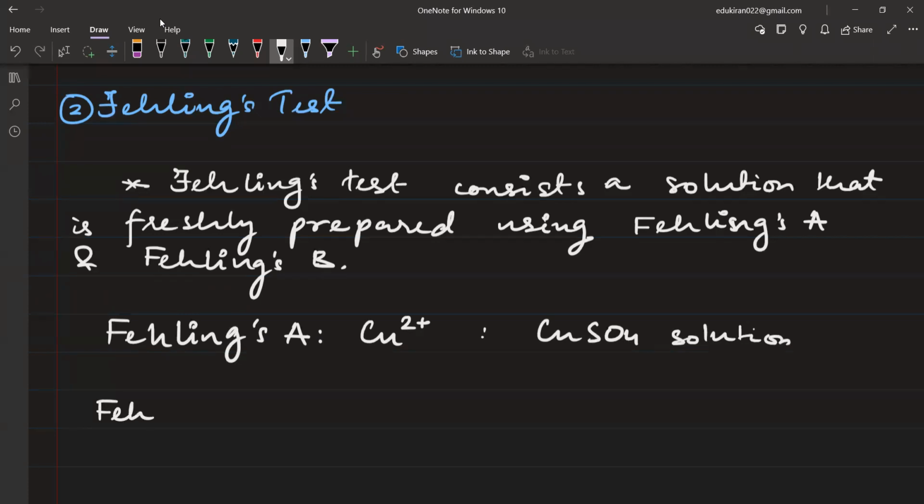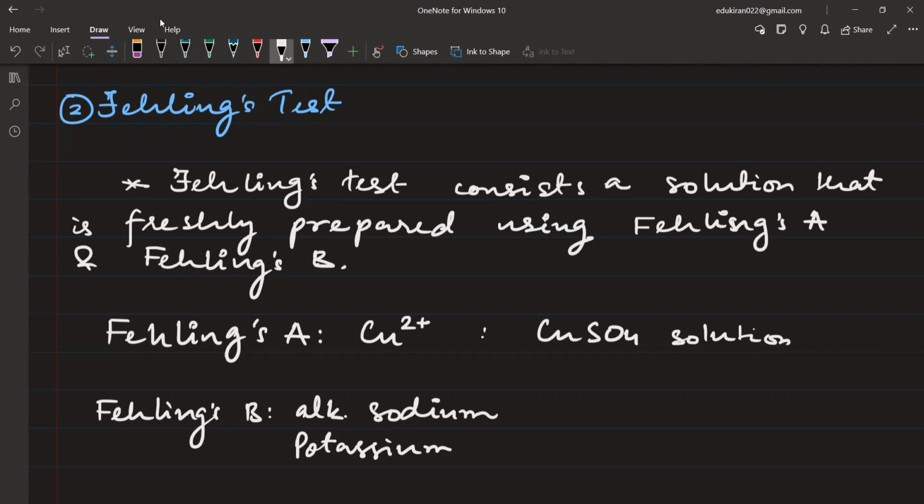Fehling's B is alkaline sodium potassium tartrate. Okay, sodium potassium tartrate. So what is tartrate?